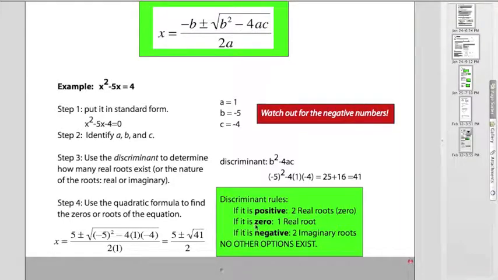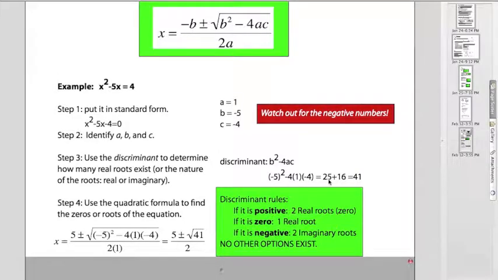If it's 0, in other words, if the discriminant here, and you can see what we did, I plugged in our a, b, and c. We had negative 5 squared minus 4 times a, which was 1, times c, which was negative 4, and I worked those out, and you get 25 minus negative, so that makes that plus 16. Be careful when you have a negative: that's minus 4 right here, and if one of these is negative, it means you're going to end up adding.